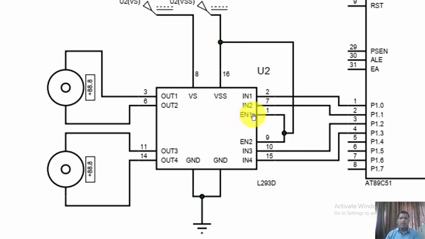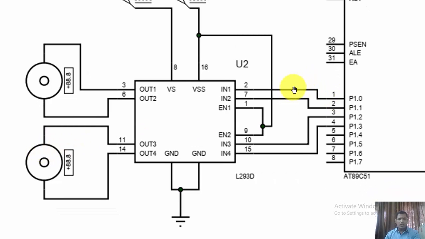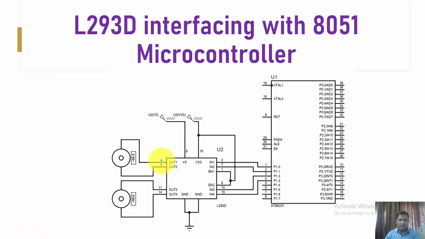Okay, so what will happen is that my input is continuously there into enable. So simple, P1.0 and P1.1 are going to control the direction of motor 1, and P1.2 and P1.3 are going to control the direction of motor 2. When this bit is 1 and this bit is 0, motor 1 will run in clockwise direction, and if this bit is 0 and this bit is 1, it runs in anti-clockwise direction.